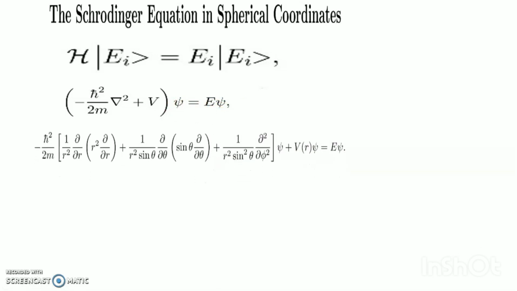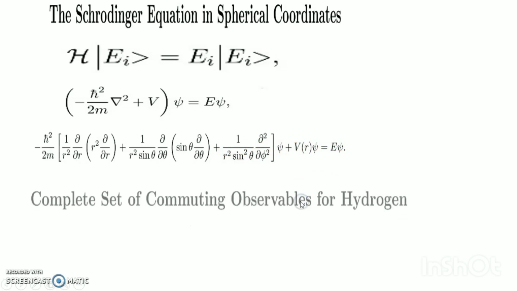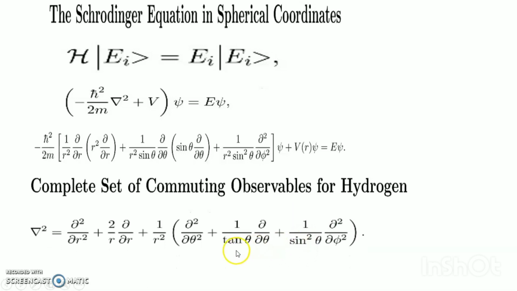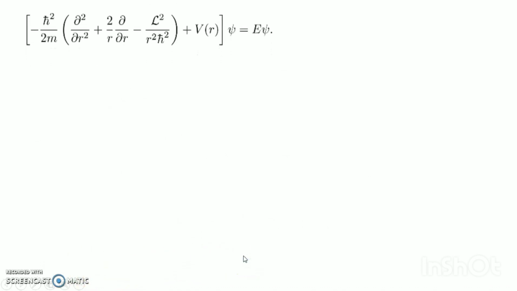Using the Laplacian in spherical coordinates, the Schrodinger equation becomes this, the Schrodinger equation in spherical coordinates. And the complete set of commuting observables for hydrogen. The Laplacian can be written as ∂²/∂r² + (2/r)∂/∂r − L²/(ħ²r²).